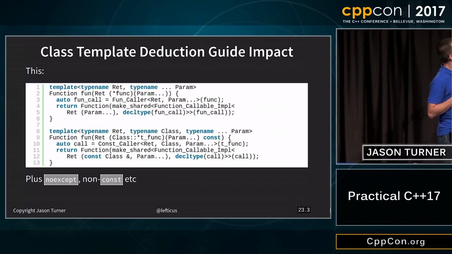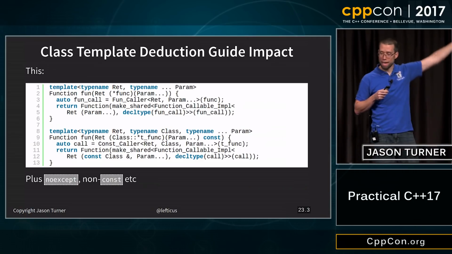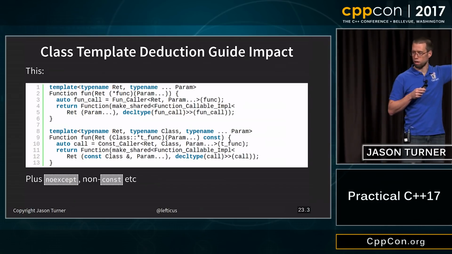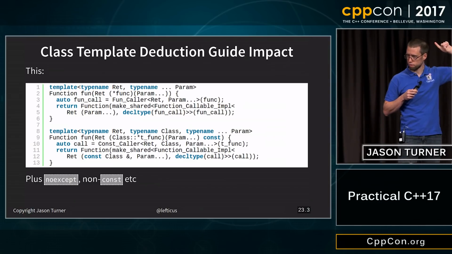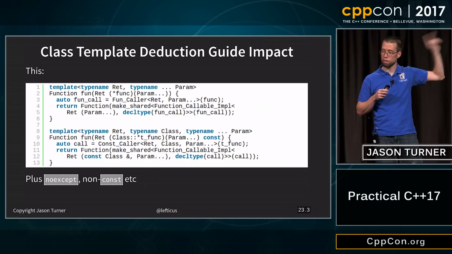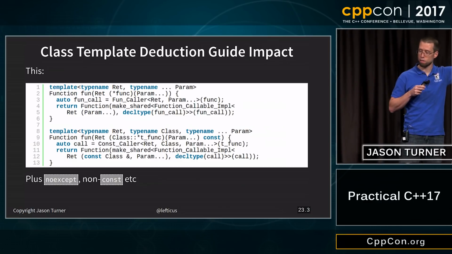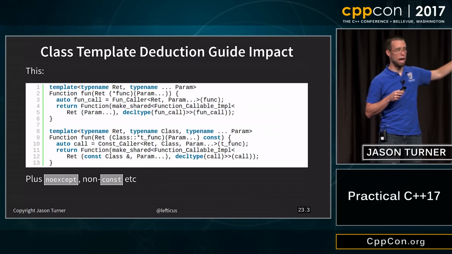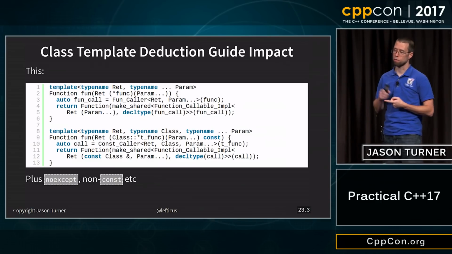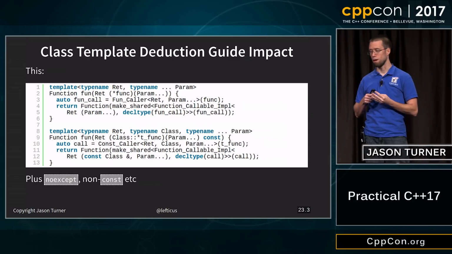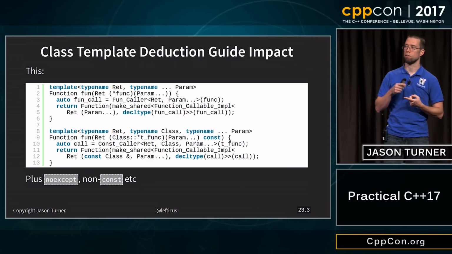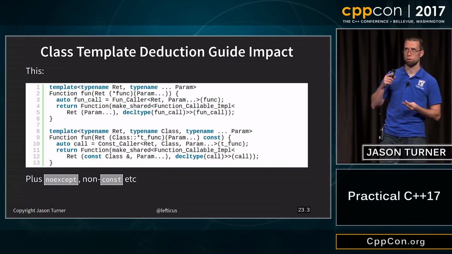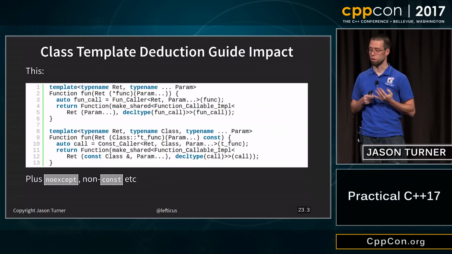In CppCon, I did have many overloads that looked like this: the first one is a function pointer, the second one is a member pointer that is const. And that's two of the very many that I had, because I needed these for const, non-const, noexcept, not noexcept, and member functions versus free functions versus member variables.